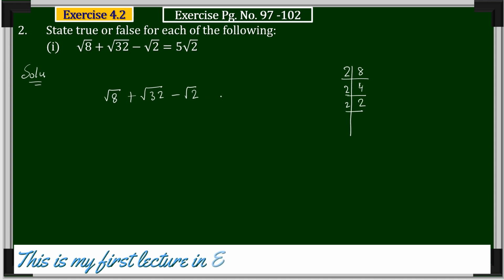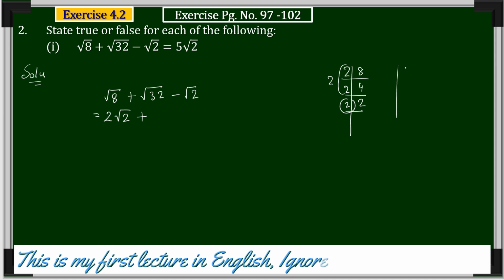Now it's a square root, so make pairs of 2's. One comes out, meaning there is one pair of 2's. So you can write square root 8 as 2, and this 2 is not in a pair, so you have to write it in the root. It means square root 8 is 2 root 2 plus square root 32.